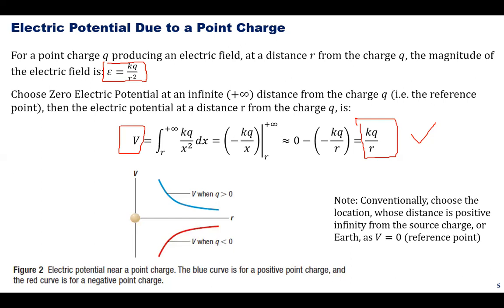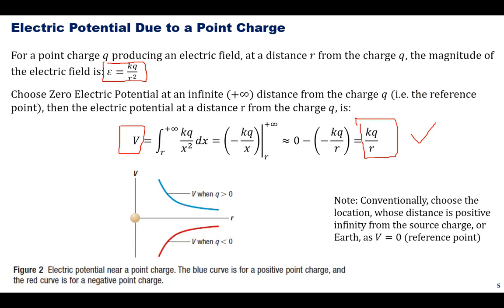However, because electric potential is not a vector, the total electric potential of several point charges equals the algebraic sum of the electric potentials resulting from each of the individual charges and their specific distances from the chosen location. Okay, just be careful that the electric potential is not a vector, but a scalar, okay? All right.